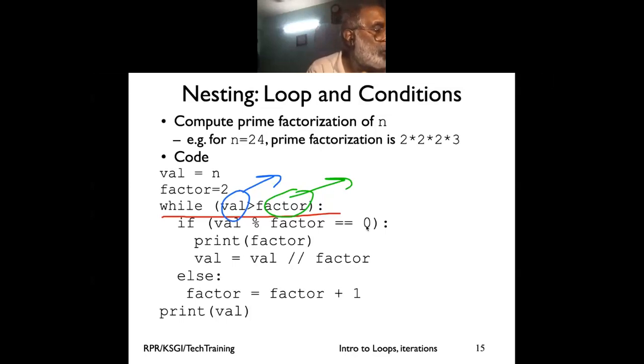Sometimes you don't know, you just want to keep doing it. Let's say I want to ask the user to enter numbers, and compute the square of any number. And I want the user to decide till when they want to practice.